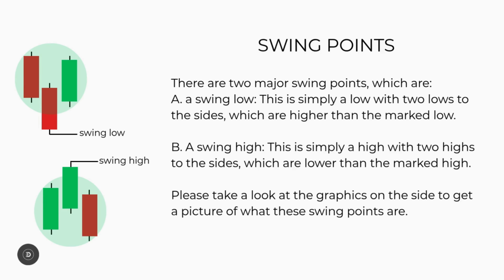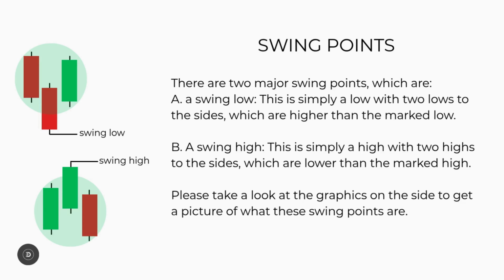So there are two major types of swing points, which are a swing low. A swing low is simply a low with two lows to the sides which are higher than the marked low. These two lows to the sides are much higher than the marked low.